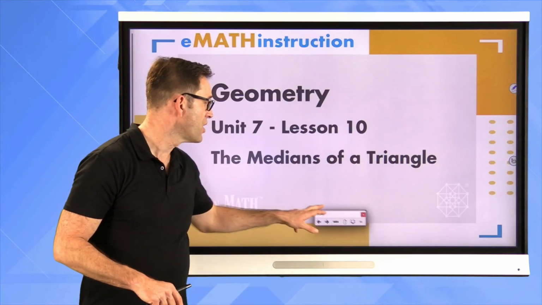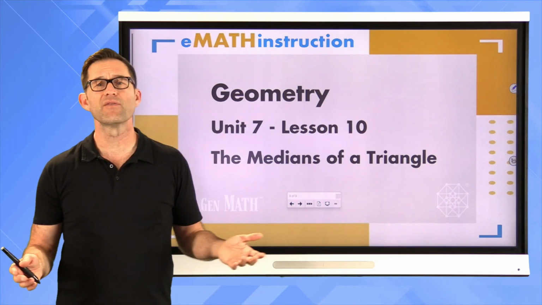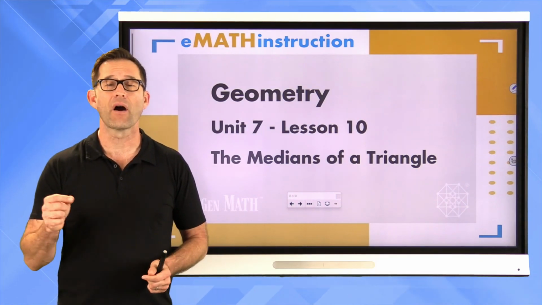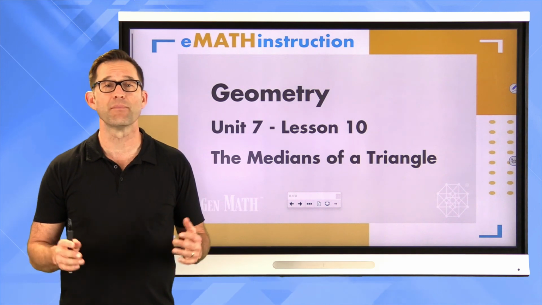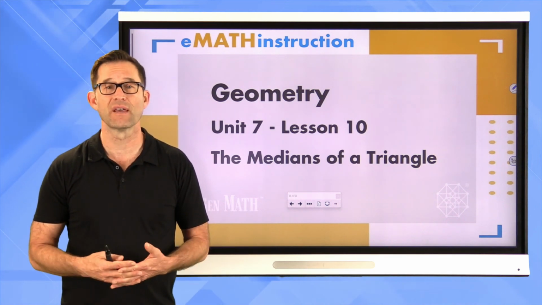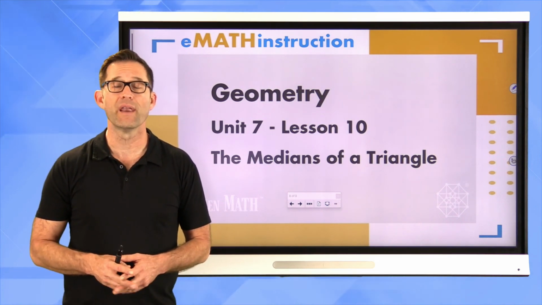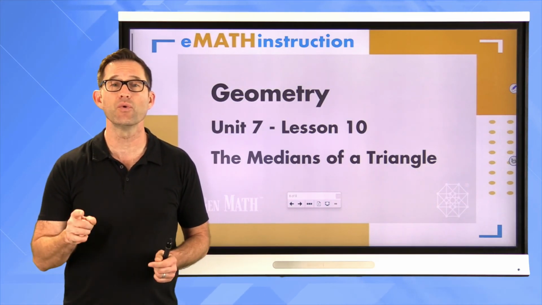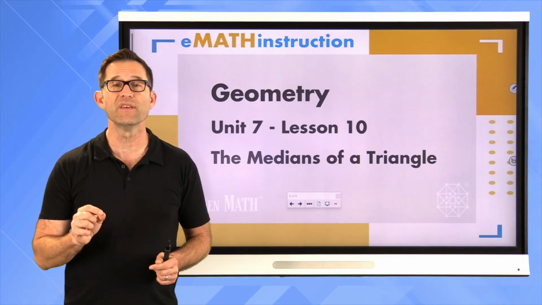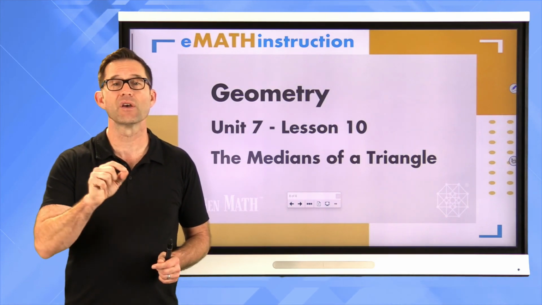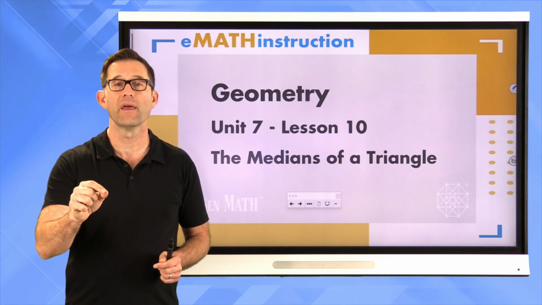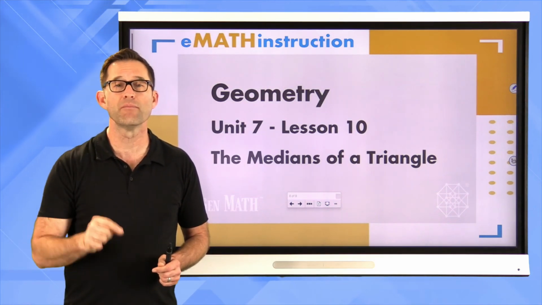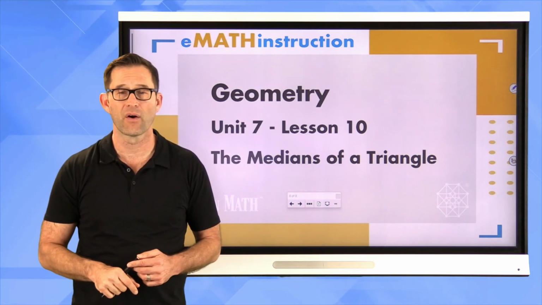All right, so today we looked at the medians of a triangle and the fact that the three medians of a triangle have a common intersection point, also known as a point of concurrency, known as the centroid. The centroid then partitions any given median into a ratio of 2 to 1, specifically the distance from the vertex to the centroid is twice the distance from the centroid then to the midpoint of the opposite side, all right?